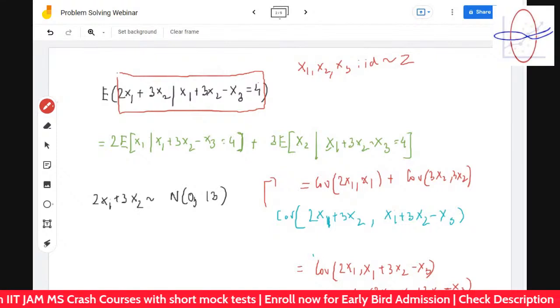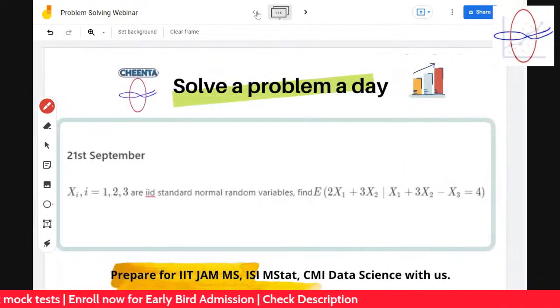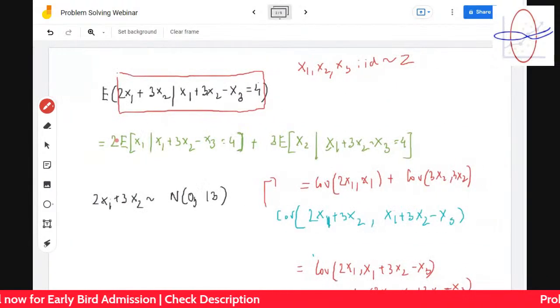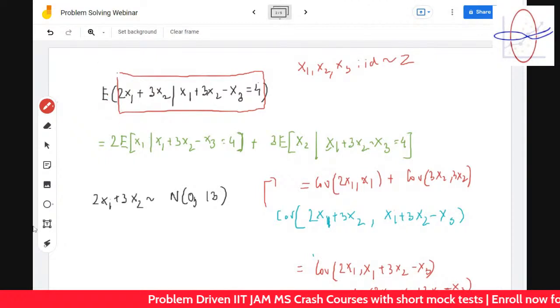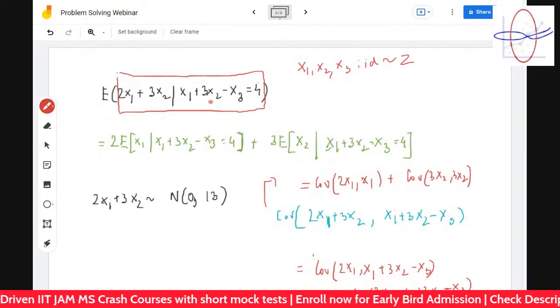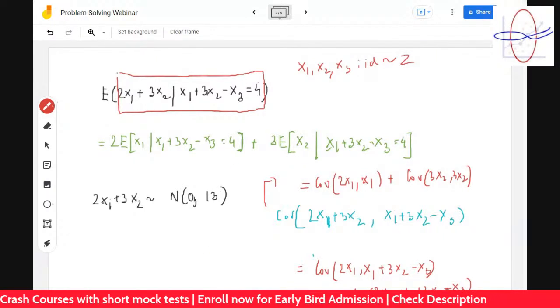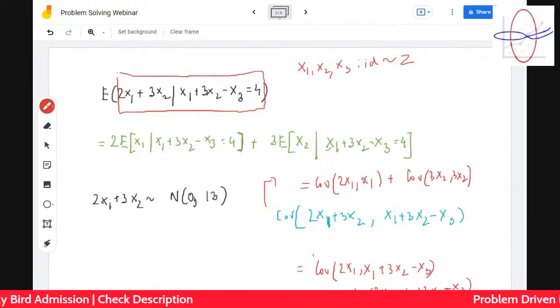You can either find the individual distributions of x1 given this and x2 given this, or find them together as a joint distribution, whatever you want. But there is always some interesting way to go through the solution.